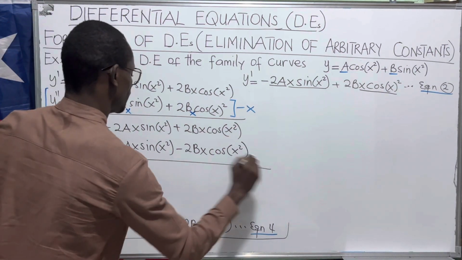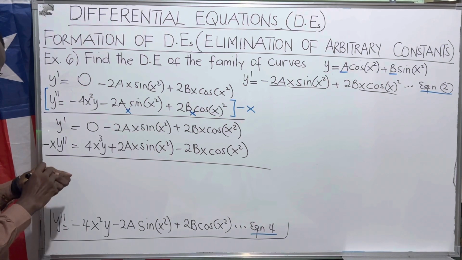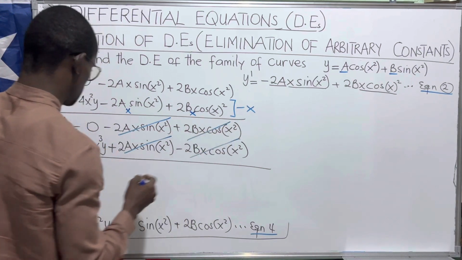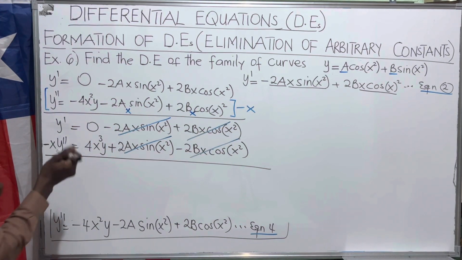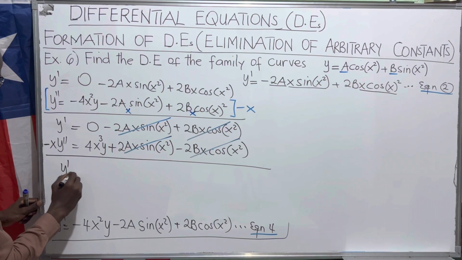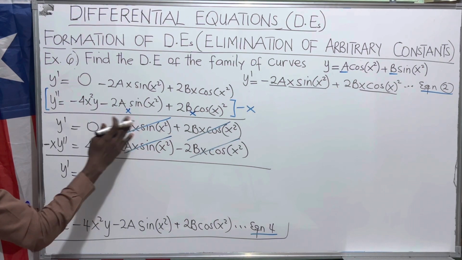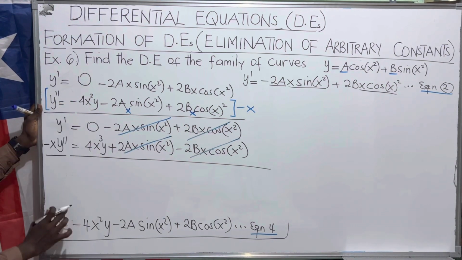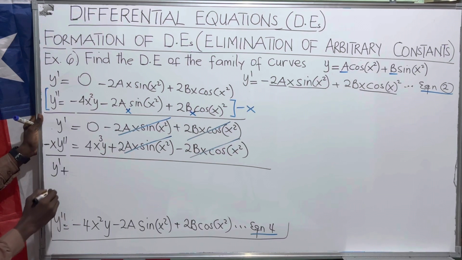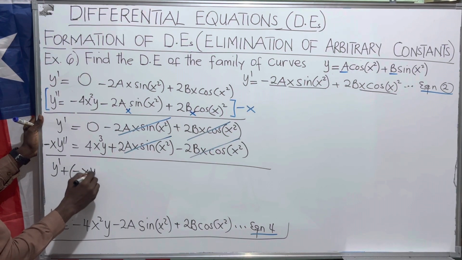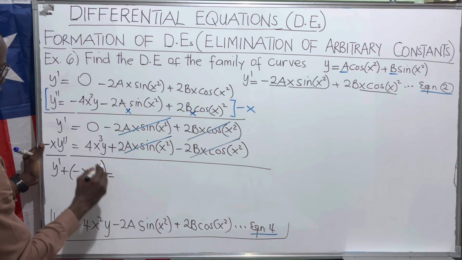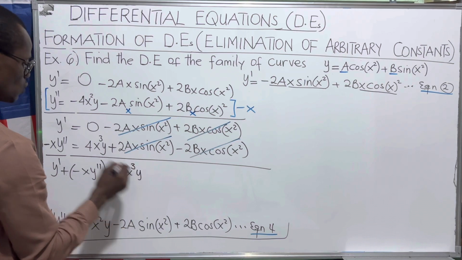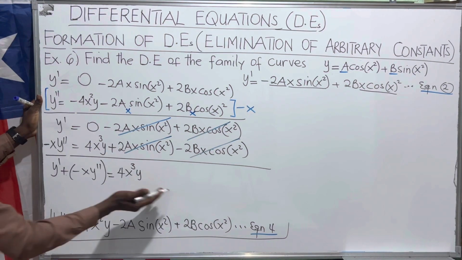So we draw our line and simplify. This cancels this one. We are left with y prime equals 0, and we add this equation and this equation. So it's y prime plus negative x y prime prime equals 4x cubed y.